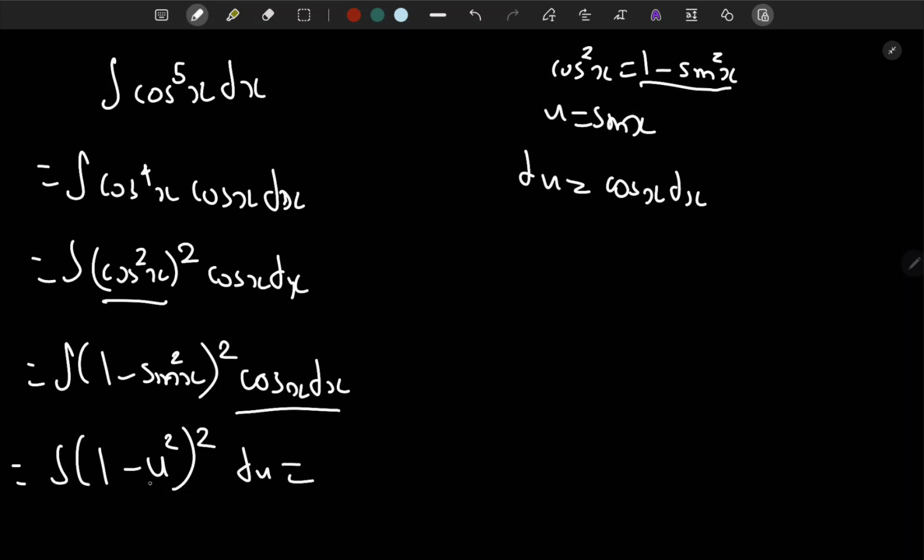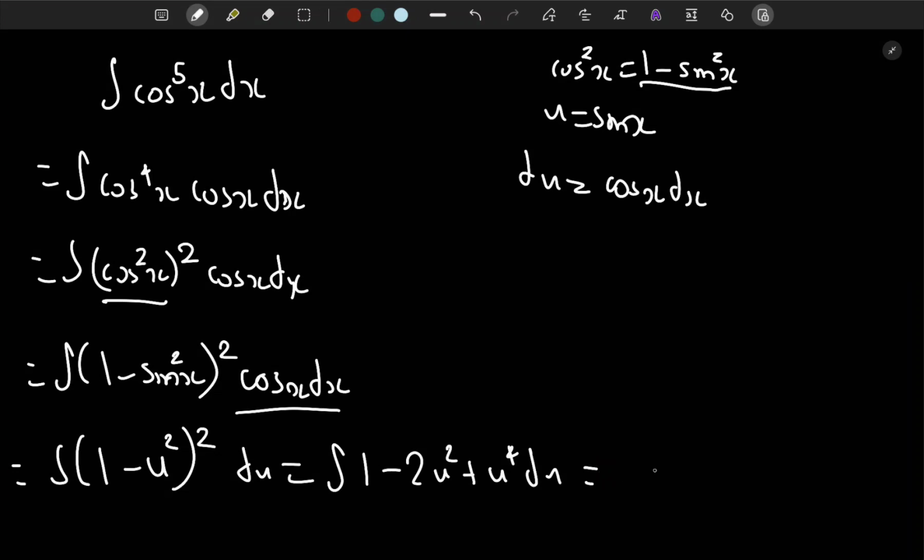Let's simplify this now. This is basically a minus b squared, so it's going to be a squared, which is 1, minus 2ab, so 2a is 2 and b is u squared, plus b squared, which is u to the power of 4, du.